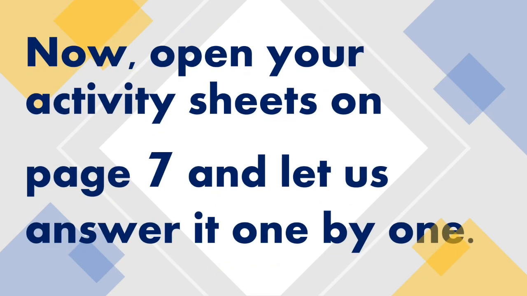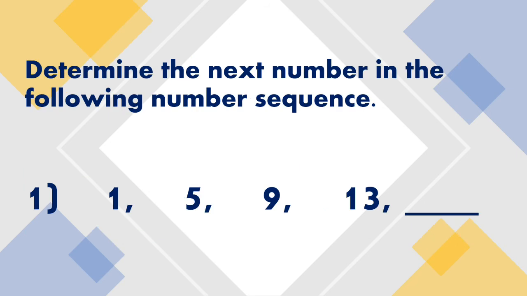Now, open your activity sheets on page 7 and let us answer it one by one. Determine the next number in the following number sequence. The first one is 1, 5, 9, 13.